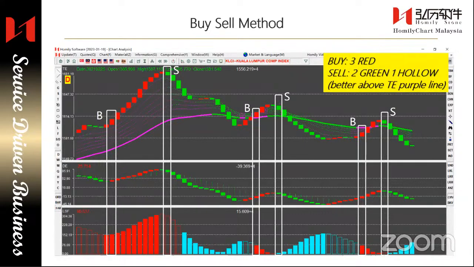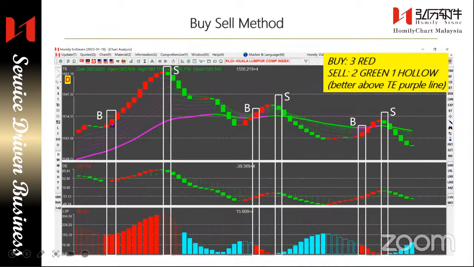Previously you already learned how to open and how to close this template. So we go directly to the buy sell method. If you want to learn the simple things and you don't want it to be too complicated, it's okay. The buy point is easy. You just find the chi red. You see this one, I write a B. B is for buy.